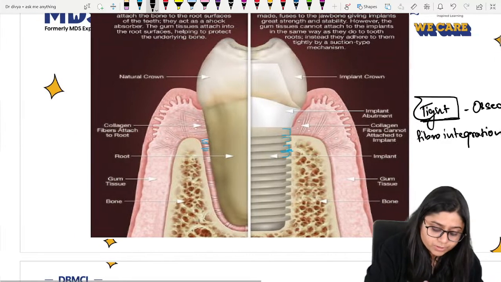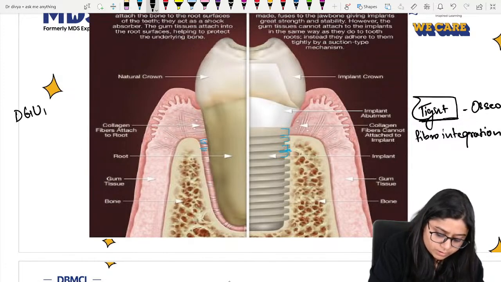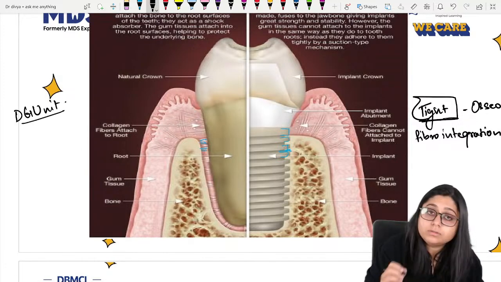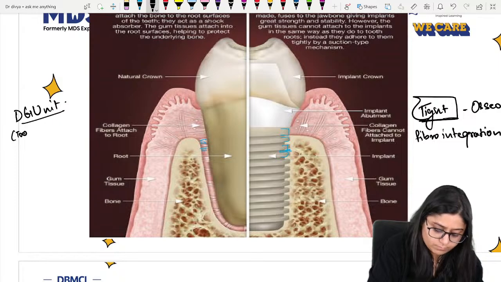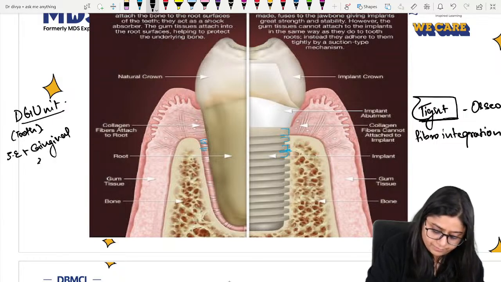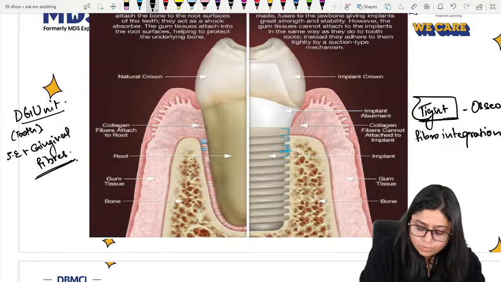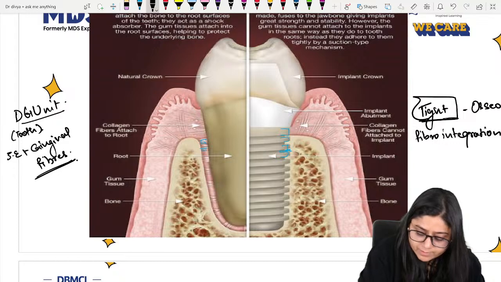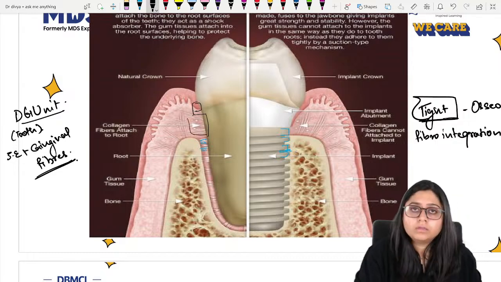The dentogingival unit around the tooth consists of junctional epithelium plus gingival fibers, right? So here you can see this is the junctional epithelium, and this is the gingival fibers.